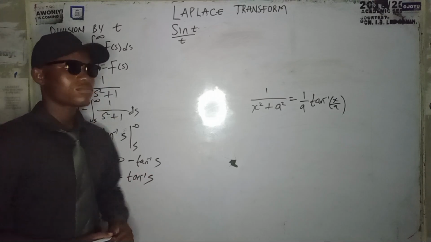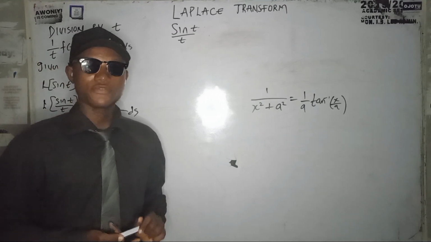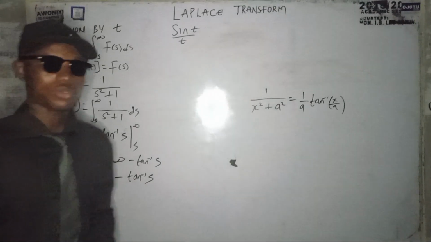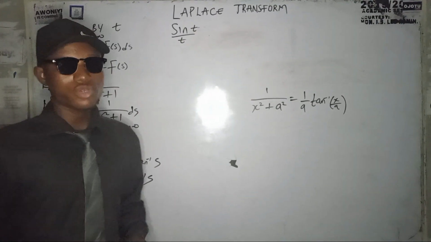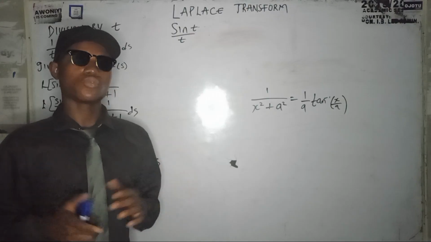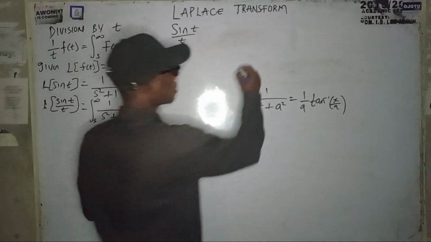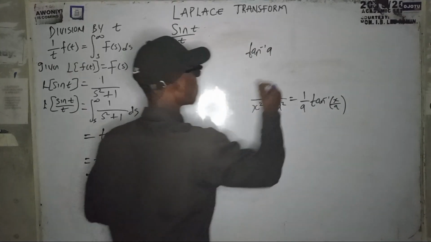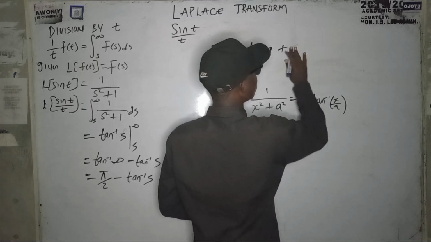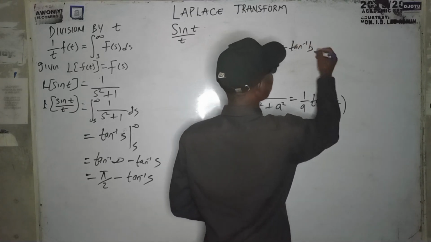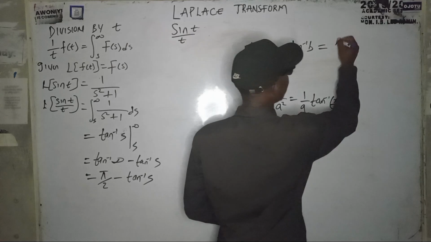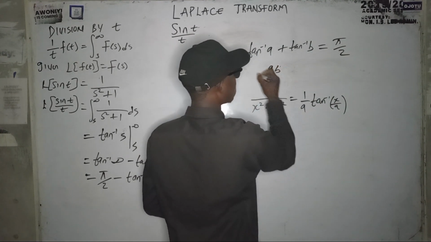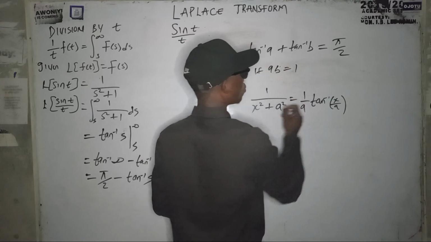Now you might decide to leave your answer in this particular way, but it might be marked down, and there is also a simpler way that you can summarize this, which is: arctan of a plus arctan of b is equal to pi over 2, given that a times b is equal to 1.